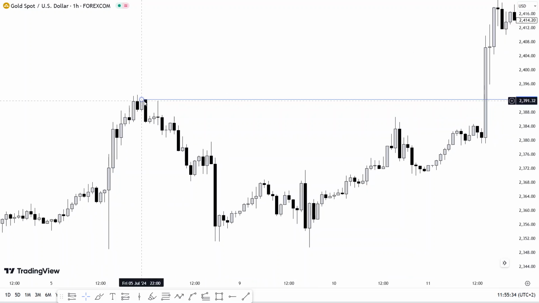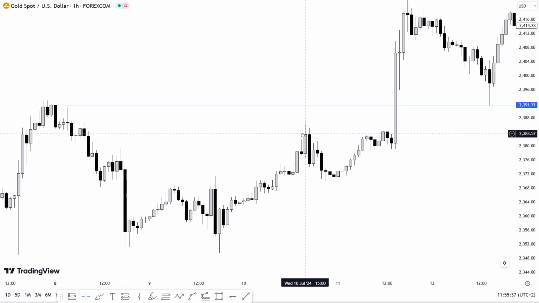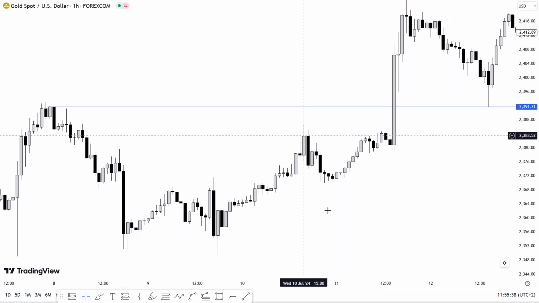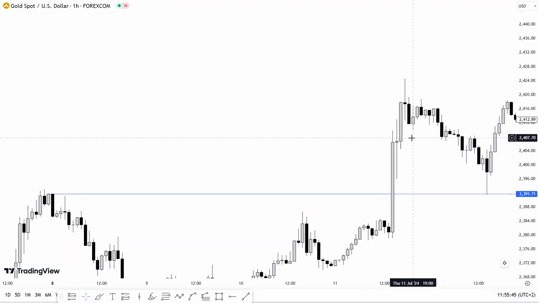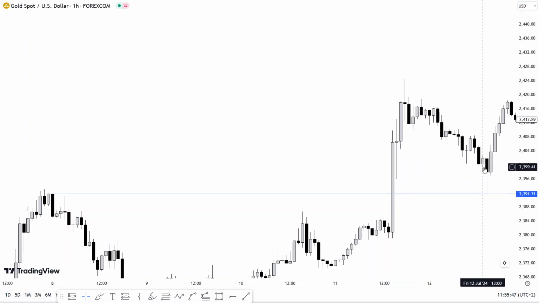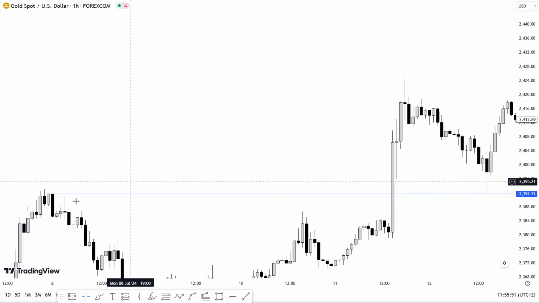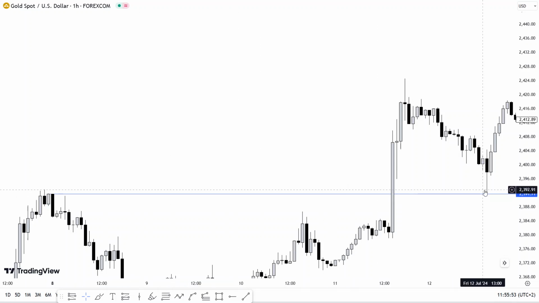Immediately after that, I would mark up this level, and then once price, it's a bit slow, my apologies, but what's important is what you are receiving right now. So after price trades into this area, you should not just immediately jump into entering here, right? You should not just jump in.